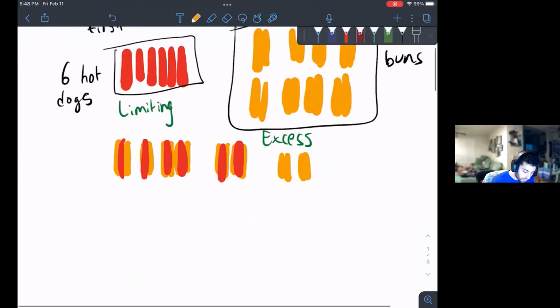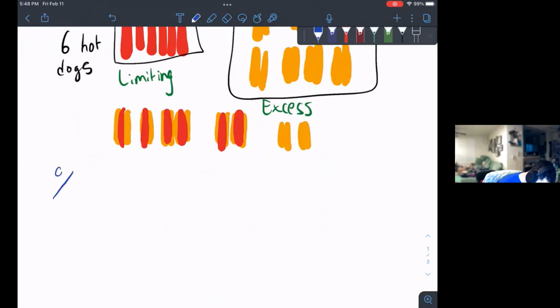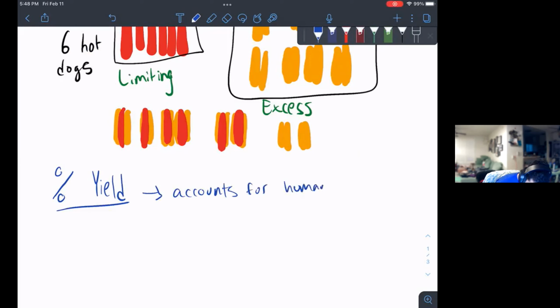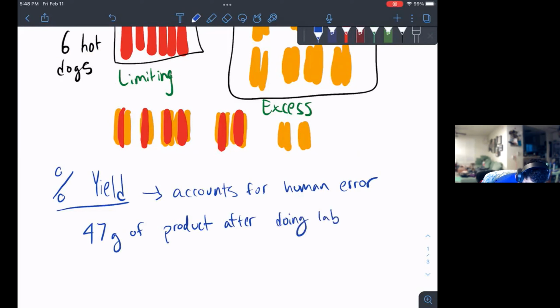Next, we have this last part, percent yield. This basically accounts for human error. In a lab, you might do some reaction and you get 47 grams of product after doing lab stuff.